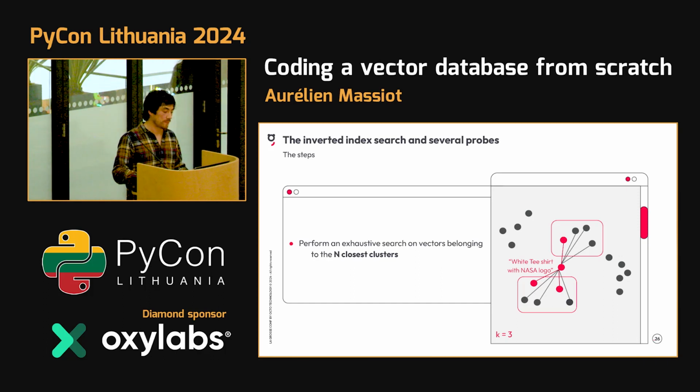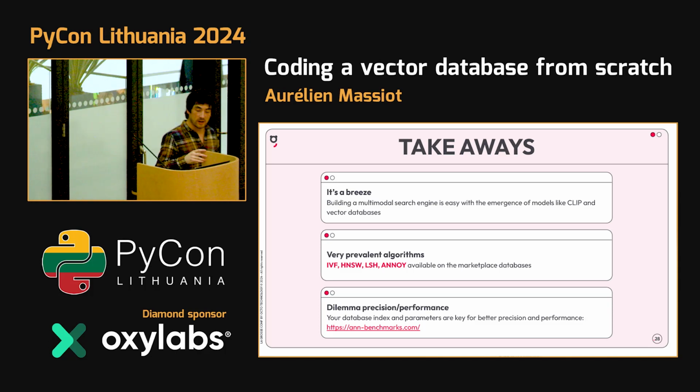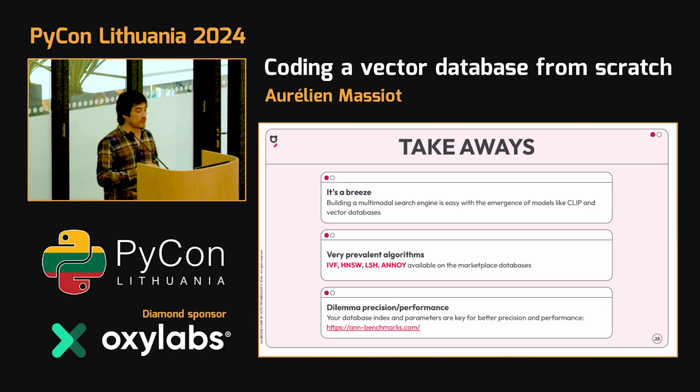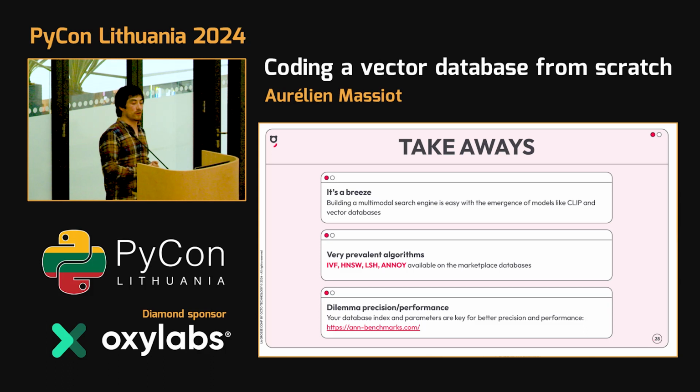So for example, while it's loading, I will just give you the takeaways, and after I will show the demo. It's really easy now to create a multimodal search engine because you have these models like Clip that I showed before. And also coding a vector database is very easy. Of course, don't use this one in production, but really that's not that hard.